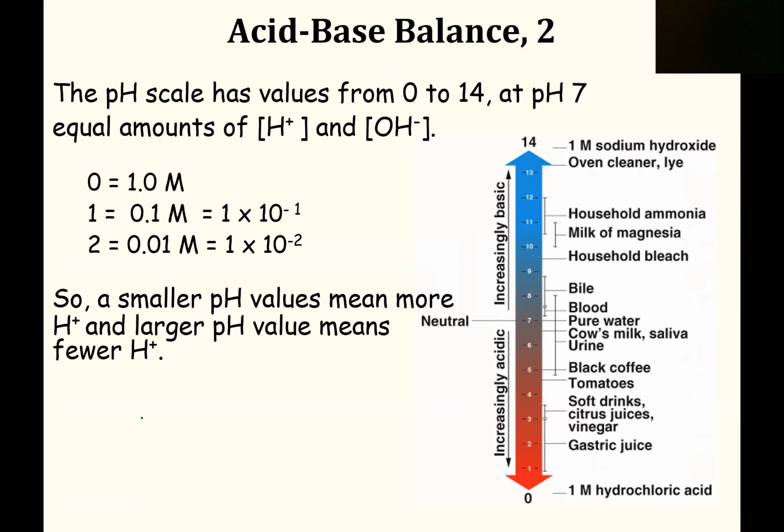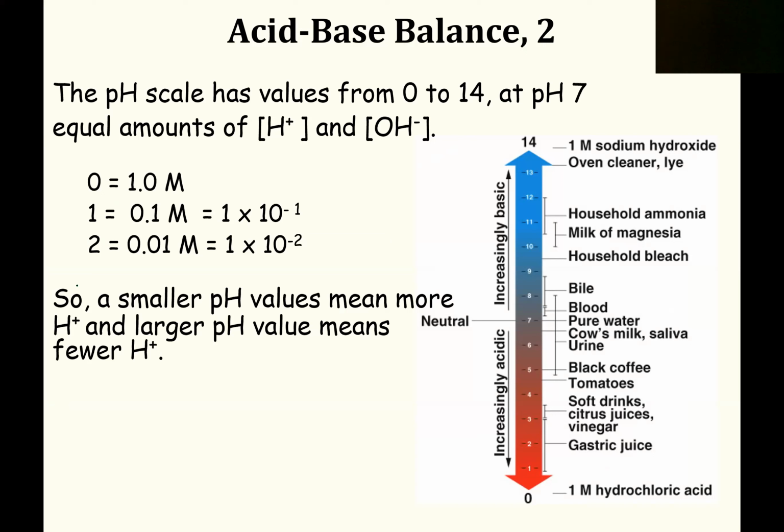This is another version of the pH scale. It also has various components. We describe the pH scale as from 0 to 14. At pH 7, you have the same amounts of hydrogen ions and hydroxyl ion concentrations. That's what the brackets stand for.